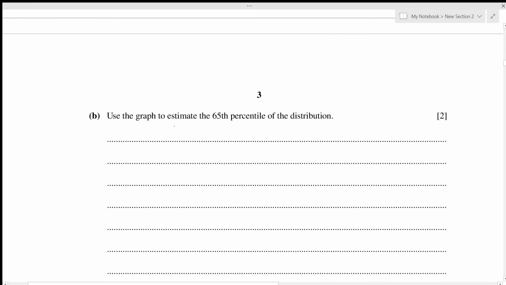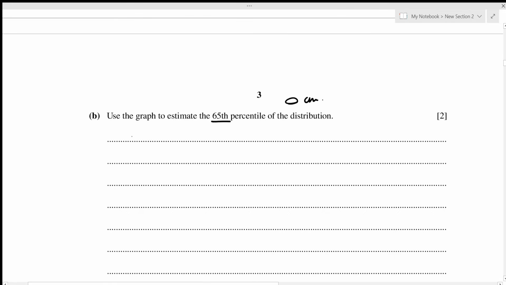So the required answer for question A will be 60. For the second question, we need to use the graph to estimate the 65th percentile of the distribution. So this is just going to be that point at which 65% of the sunflowers are less than a certain point. We're going to figure out that point, which will be in centimeters.